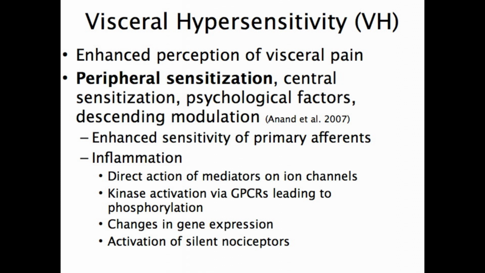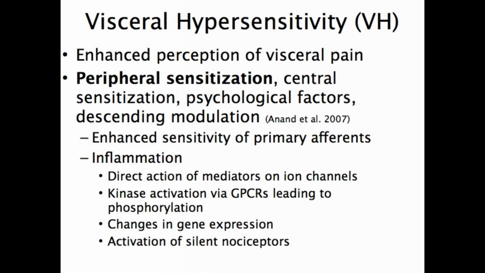Peripheral sensitization, which is sensitization of those dorsal root ganglion neurons that we talked about, the pain fibers. Central sensitization, which means that neurons in the spinal cord, thalamus, or cortex are more likely to respond to painful stimuli. Psychological factors, depression is associated with an increased sensitivity to pain.